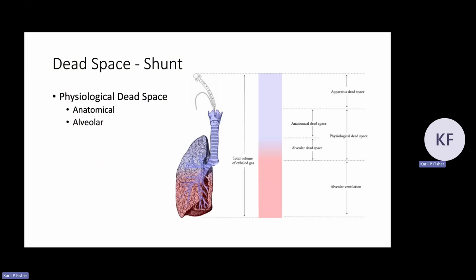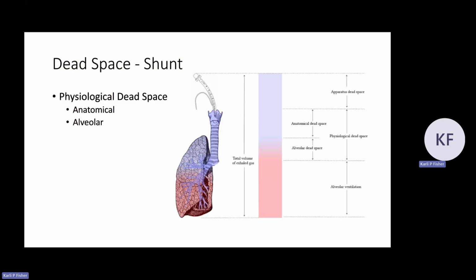So, dead space or a shunt. Physiological dead space: sometimes we have dead space in our body that is created there for a purpose, and then sometimes we have dead space that happens due to damage in the lungs or damage to the alveoli. Areas of the tracheobronchial tree don't participate in gas exchange.